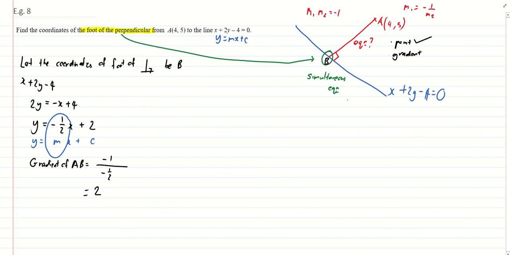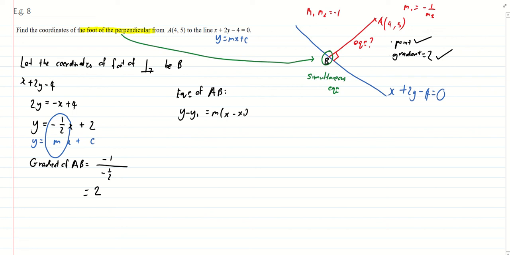All right, so now that we have the gradient equal to 2, we can now easily find the equation of this line AB. So let's label this as equation of AB. You realize that it's easier to label your workings once I let the coordinates of the foot of the perpendicular be B. So equation of AB is given by, we make use of y - y1 = m(x - x1).